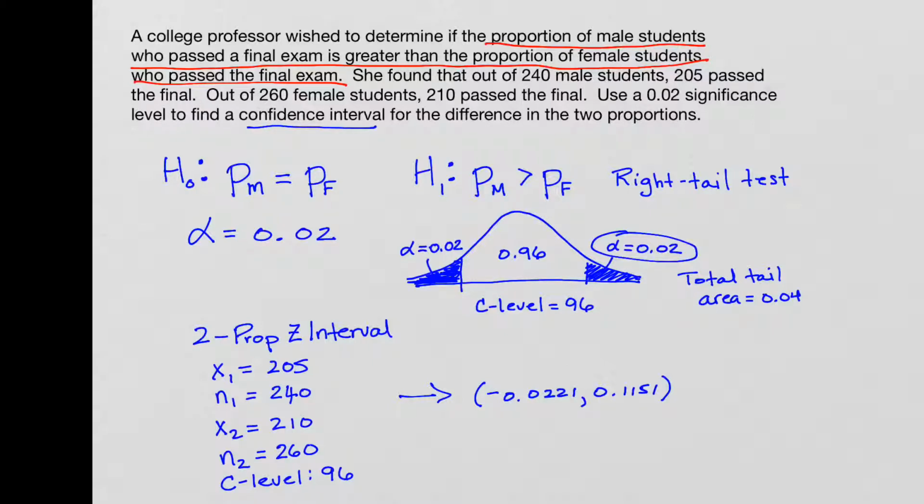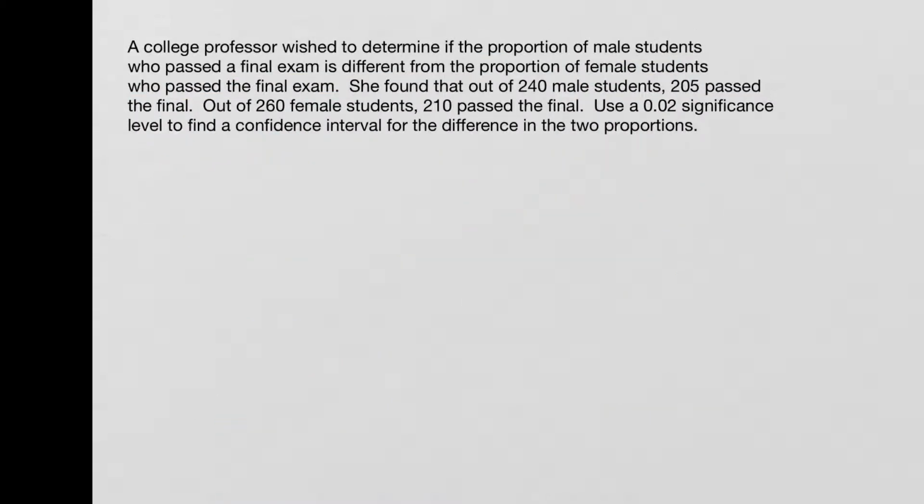Now let's look at a similar problem, but where we're doing a two-tail test rather than a one-tail test. Now this is essentially the same problem, but what I've changed here is the claim, and now it says that the proportion of male students who pass the final exam is different from the proportion of female students who pass the final exam.